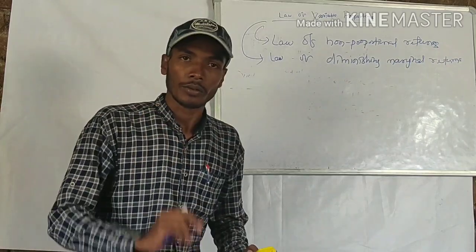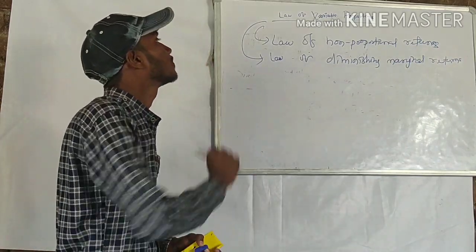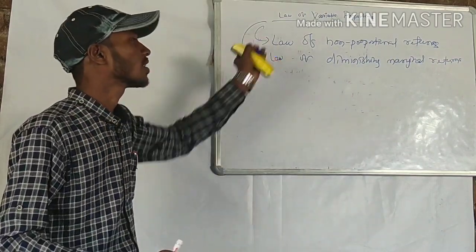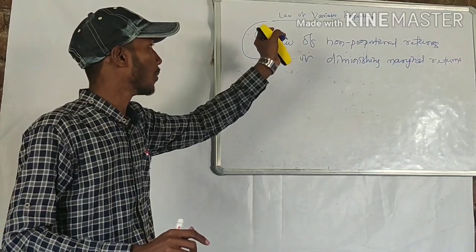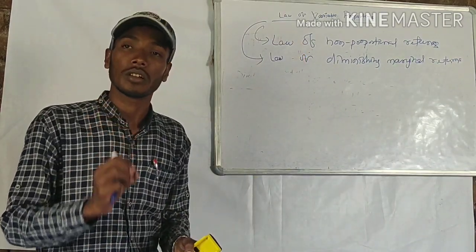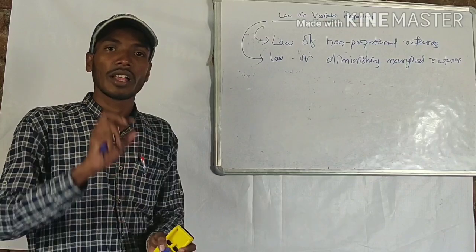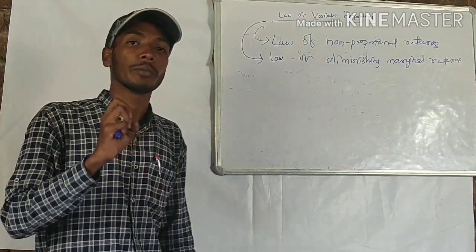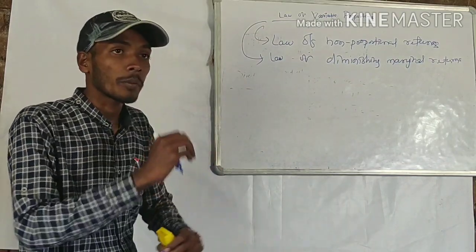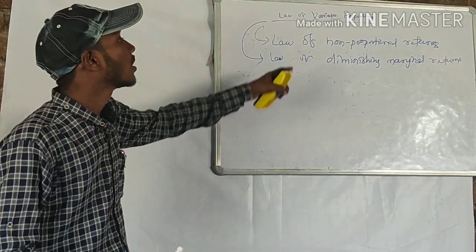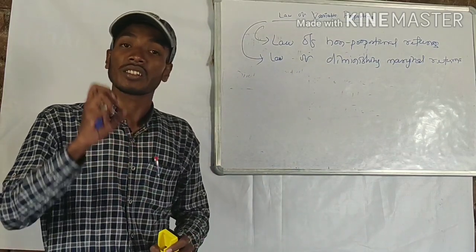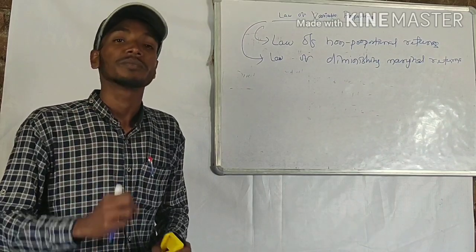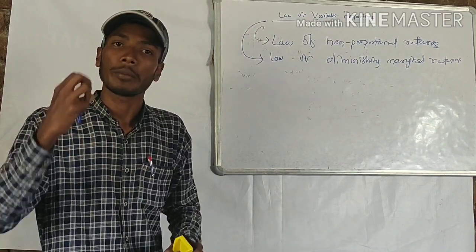I had already explained fixed factor and variable factor, short-term production function and long-term production function. This law of variable proportion comes under the short-term production function, and I had already explained its definition. In the short-term production function, we may increase the production level using some amount of fixed factor and variable factor.